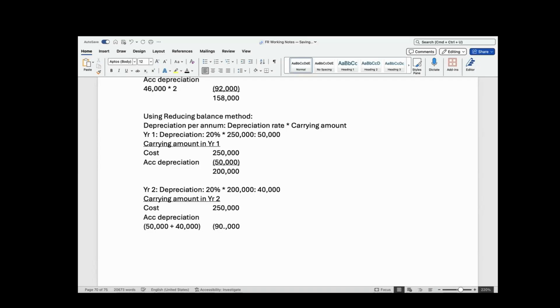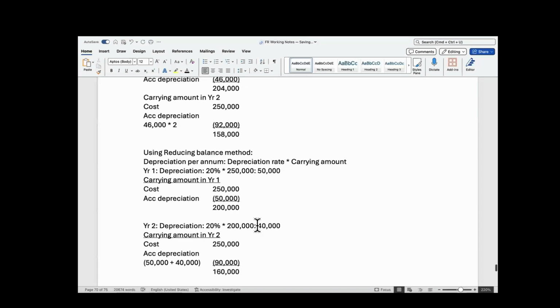That is 90,000. So 250,000 minus 90,000 gives me a carrying amount of 160,000.